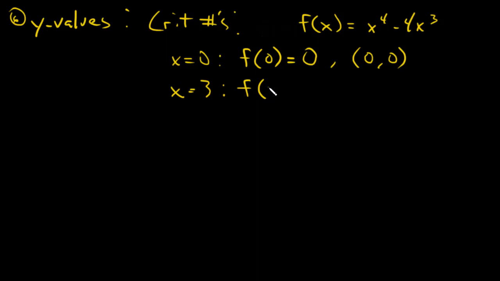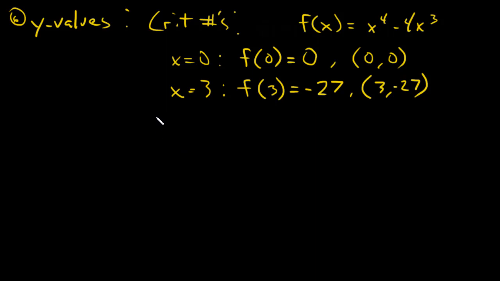So f of 3 gives me the y value of 3 to the fourth is 81 minus 4 times 27, which is negative 108. So negative 108 plus 81 is going to be negative 27. So this is going to be located at 3, negative 27. Okay? And this is some sort of min, so I'm not surprised that it's super negative.